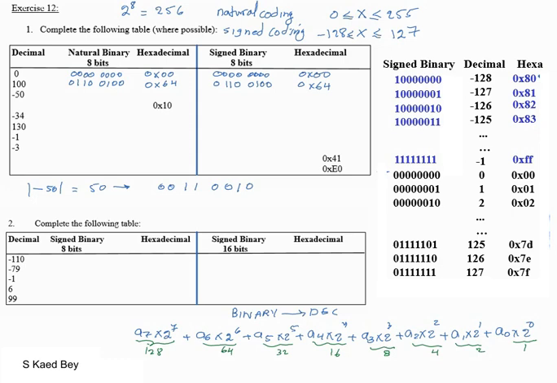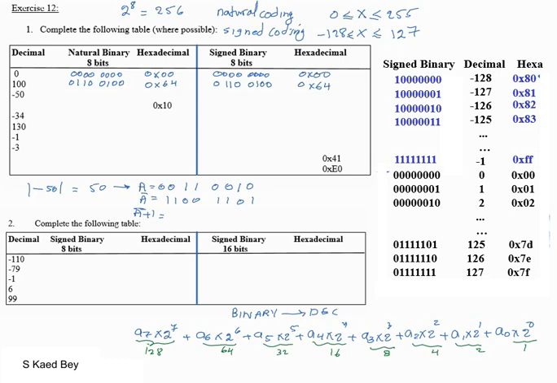Now what we do normally is we simply suppose this is A, then A bar would be 1, 1, 0, 0, 1, 1, 0, 1. Now A bar plus 1 should give us the negative 50.